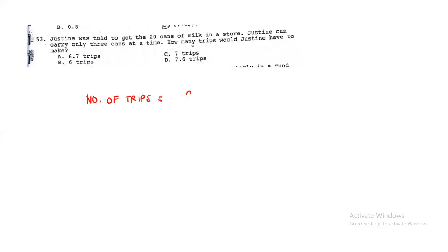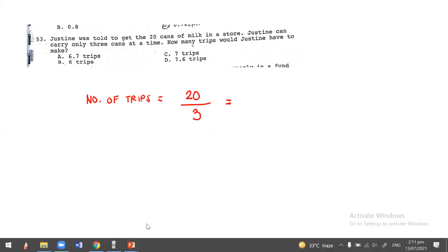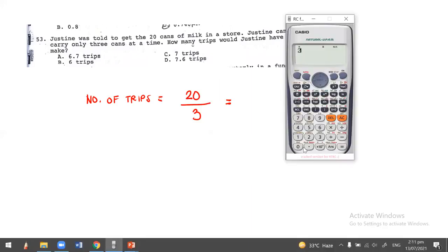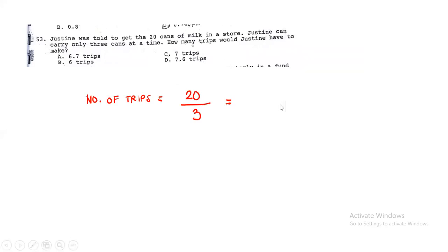So, 20 cans divided by 3 cans at a time. Ilan yan? 20 divided by 3 is 6.67. So, ibig sabihin 6.67 times siyang pupunta doon.